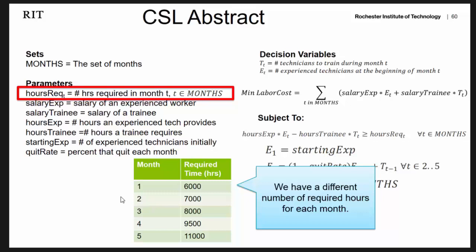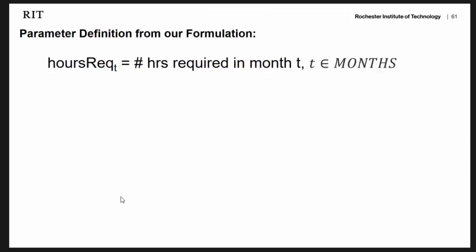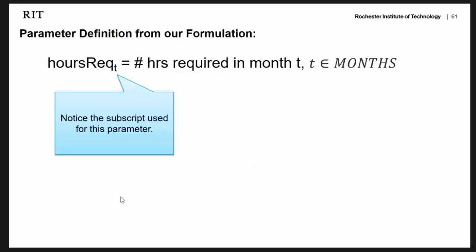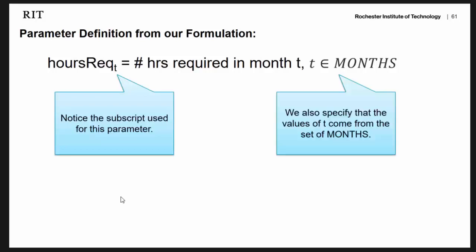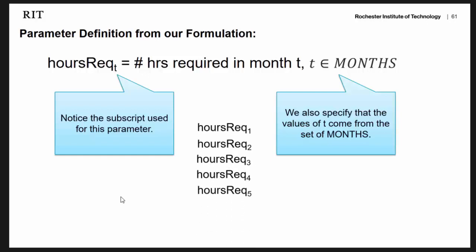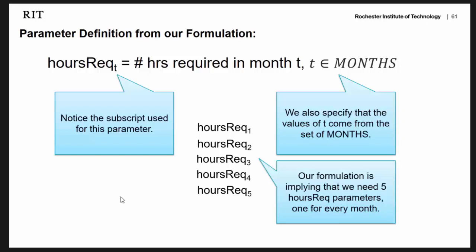So our parameter definition says there are actually a lot of these parameters, one for every single month. Again, notice that there's a subscript for this parameter, and we've also specified what the values of those subscripts are. Those subscripts take on the value of every single thing that's in our month set. So this one line in our problem formulation basically says create 5 hours required parameters, one for every single month.